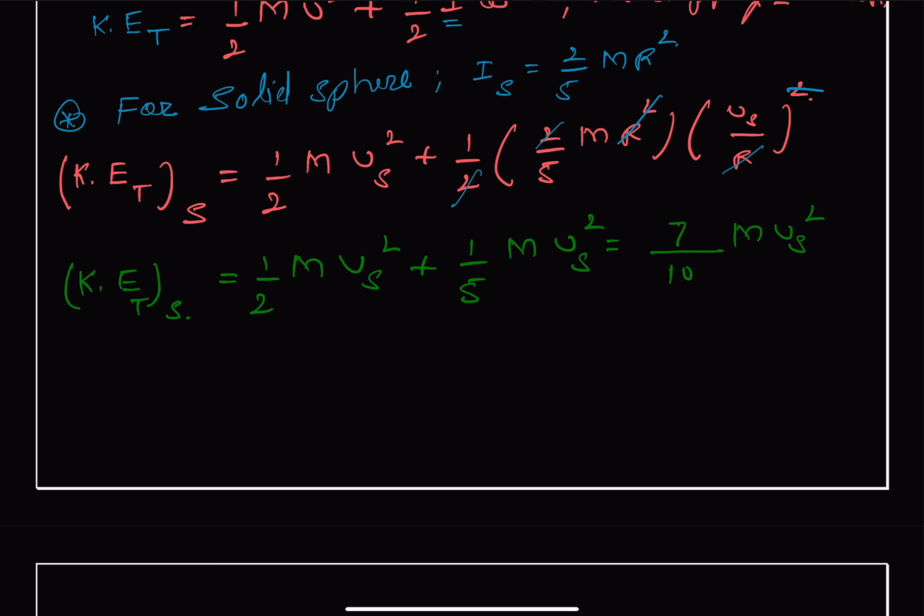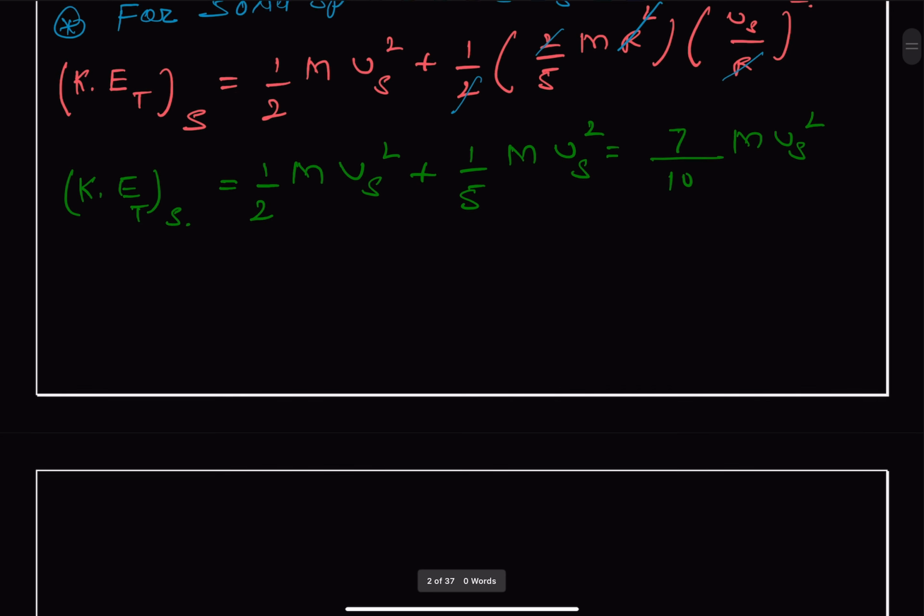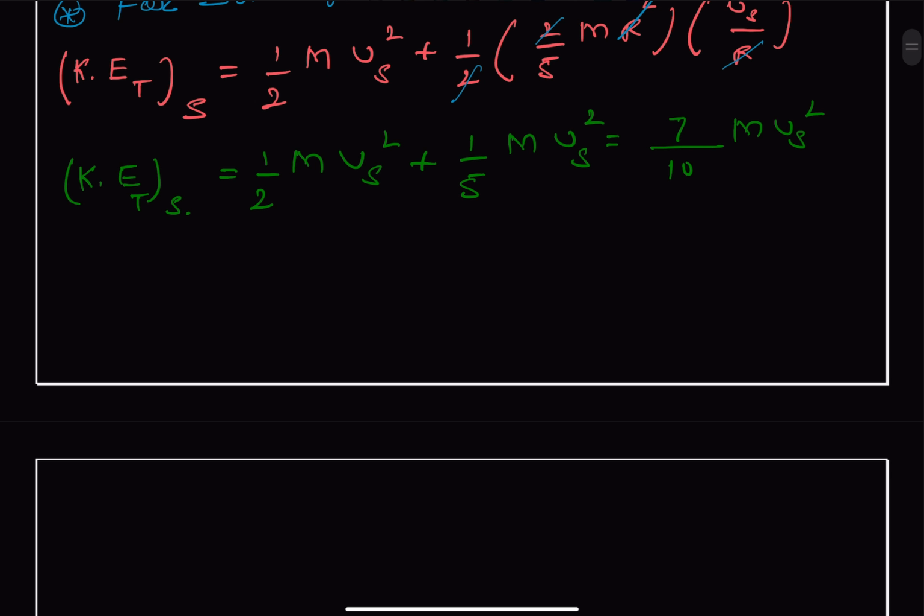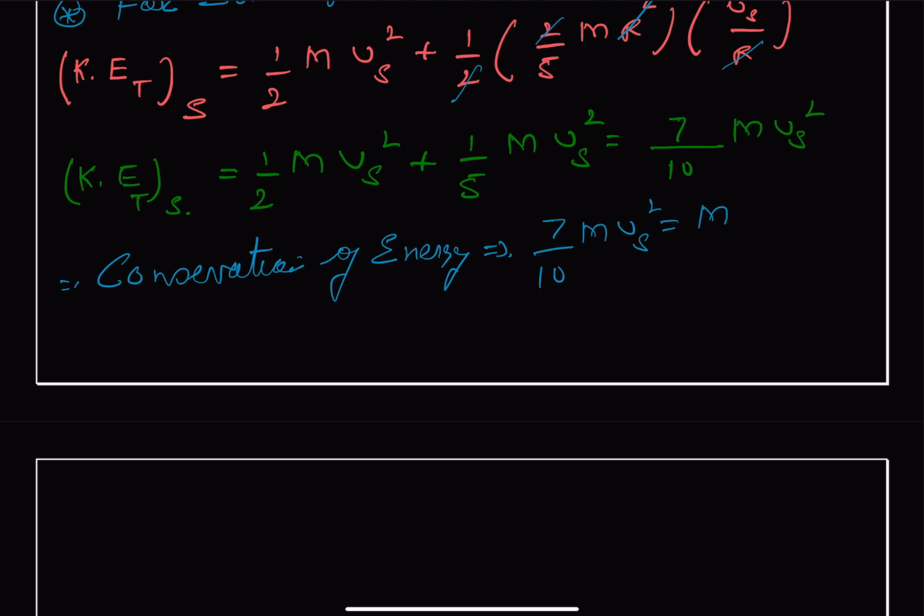Now we can equate this with our potential energy according to conservation of energy. We get total kinetic energy 7 upon 10 m vs square equal to mgh, and m and m cancel out.